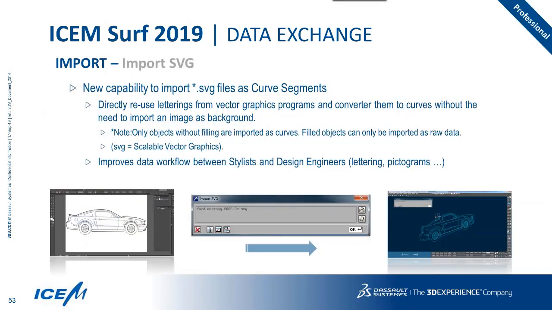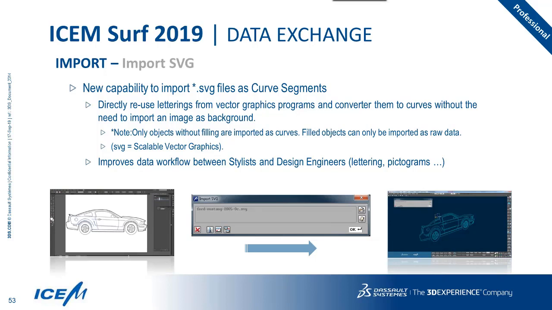And for those of you that like to use SVG files, Adobe Illustrator files, I believe it's a standard format, we can bring them straight into ICEM Surf as vector-based geometry. If you import just wireframe objects, they will come in as curves.